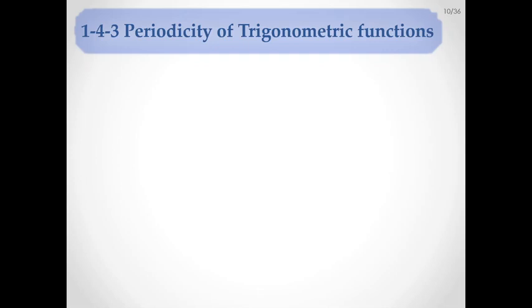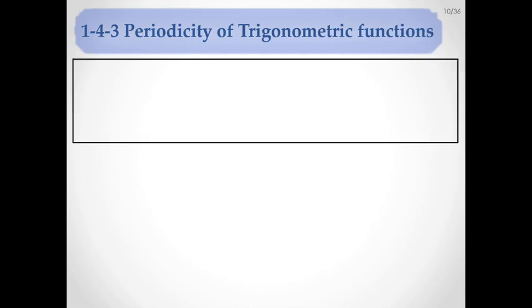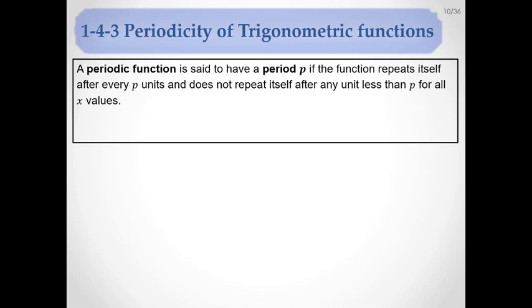Now, let's talk about the periodicity of a trigonometric function. What does periodicity mean? When we say something is periodic, it means it repeats itself from time to time, like after some time, it will come back again. What is periodic? The solar years are periodic.